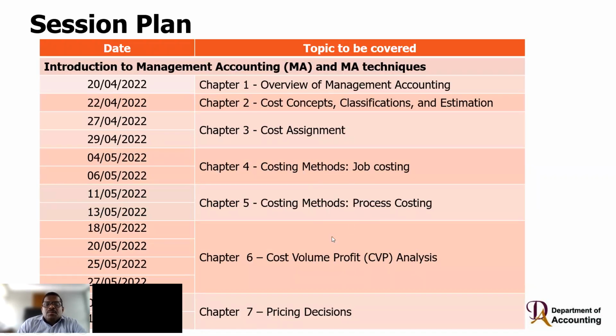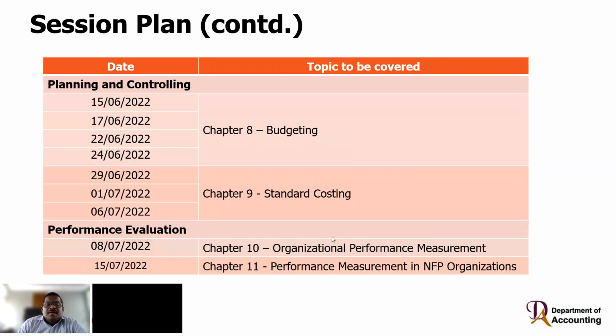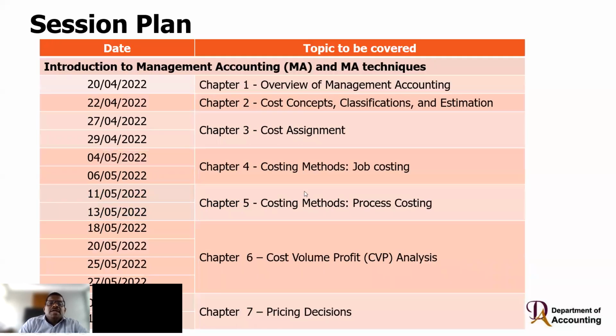Then cost volume profit analysis, budgeting, standard costing, organizational performance measurements and performance measurements in non-profit organizations. Those are the chapters or the basic topics we are going to cover.